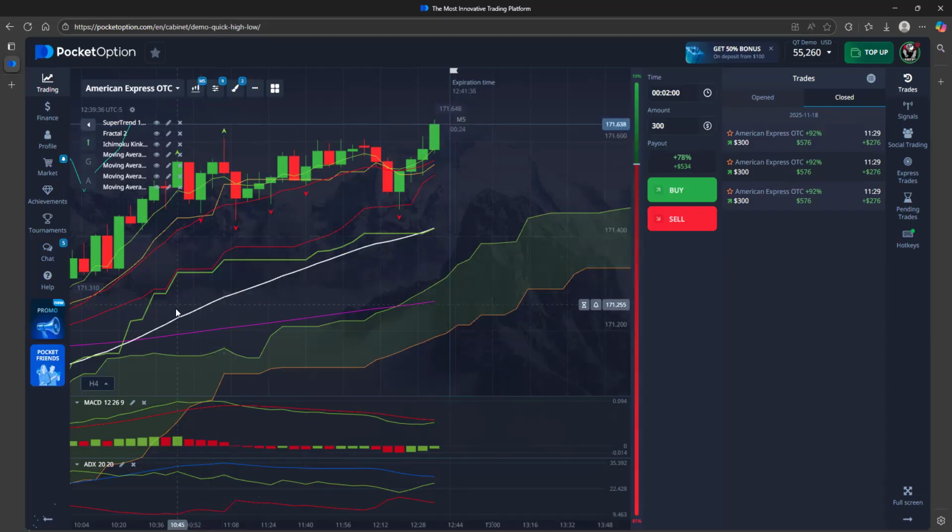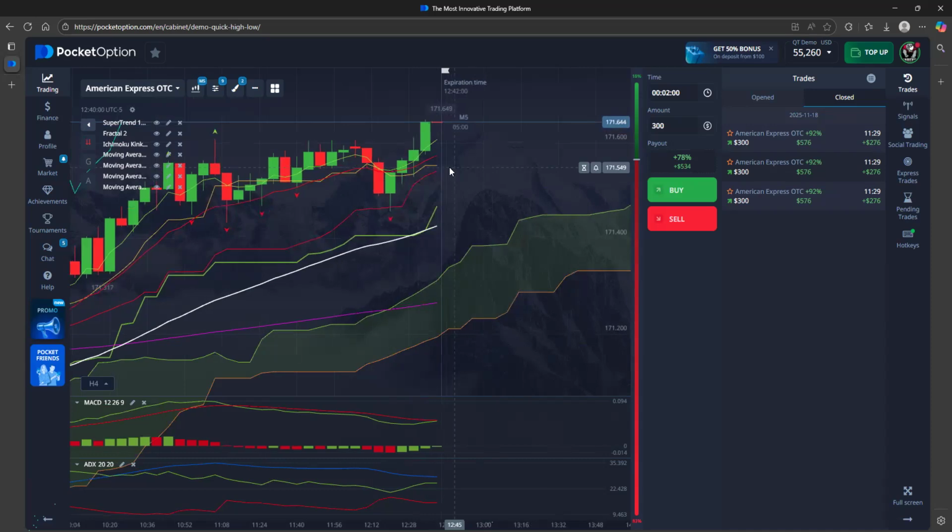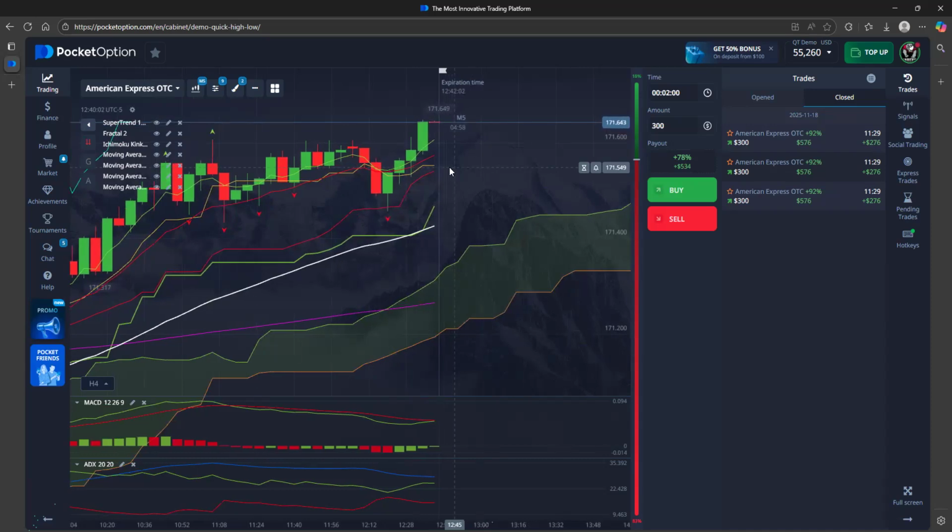Because American Express has long trends. Why do I know that? It's because it's the one entity, along with a couple others that I look at, that I study. American Express and Boeing will have long trends. I don't care what direction they're going in. I just want to be riding the trend whenever it happens.